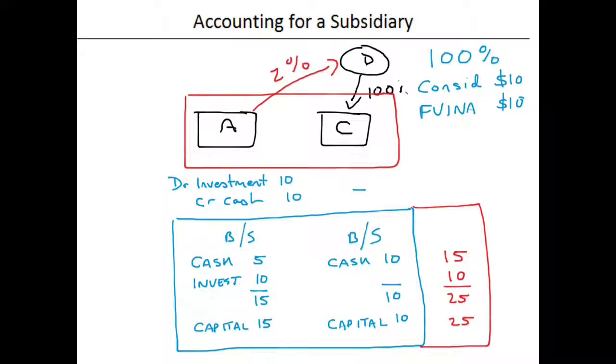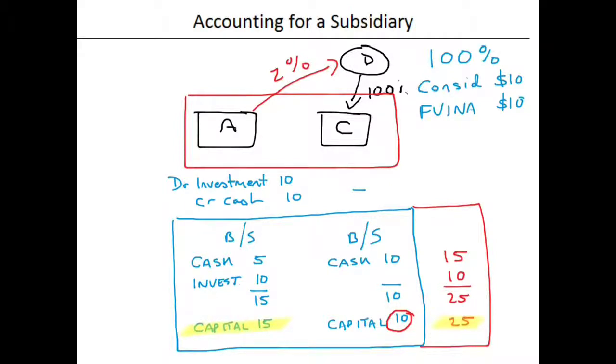Now, there is a little bit of a problem with this, and this problem exhibits in two places. The first is capital. So what we're seeing here is a capital number of 25. However, the only external capital holders are the equity holders of the parent, because this capital of 10 is actually owned by the parent, so it's actually within the group.